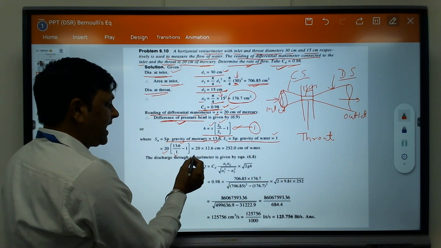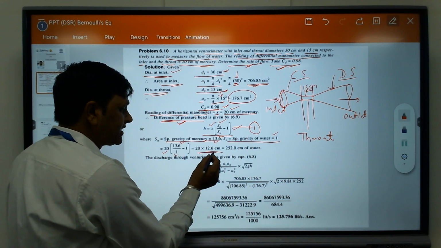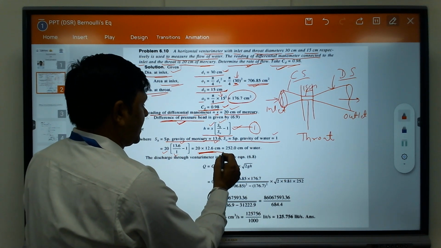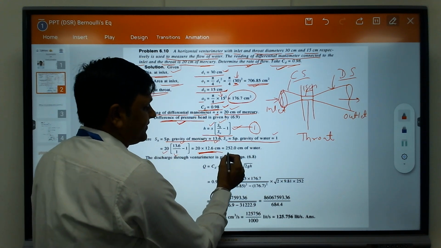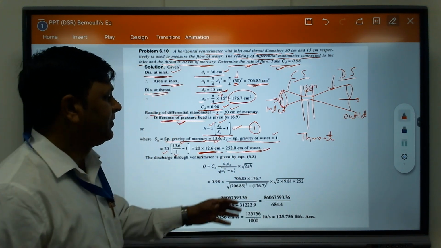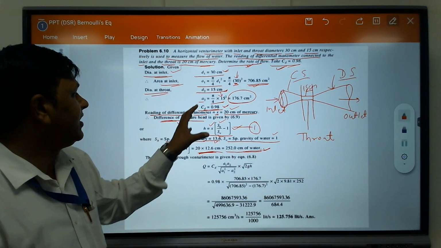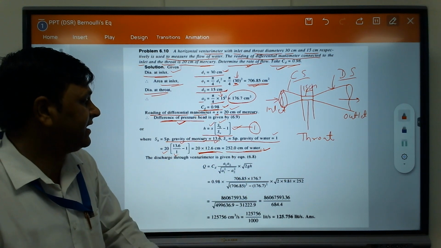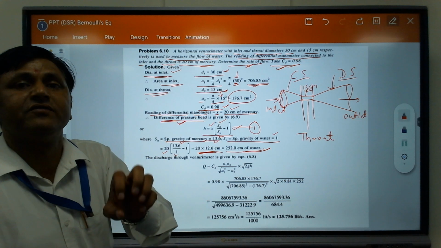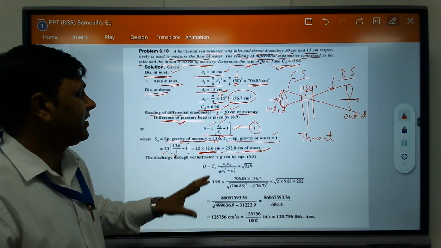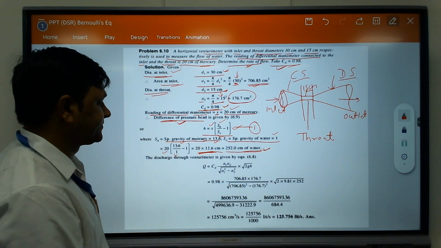After calculating this we will get the pressure head difference as 252 centimeter of water. We have found the value of H, which is known as the difference of pressure head, which can be used for the further calculation in order to determine the flow rate of the given problem.